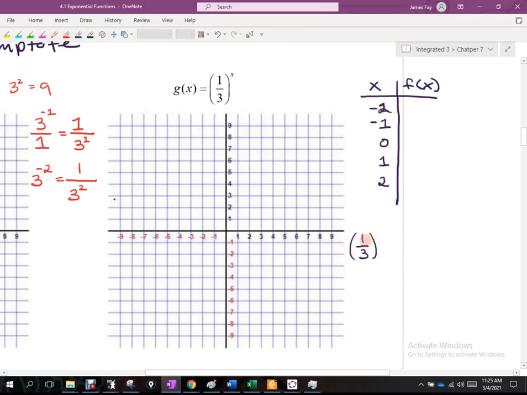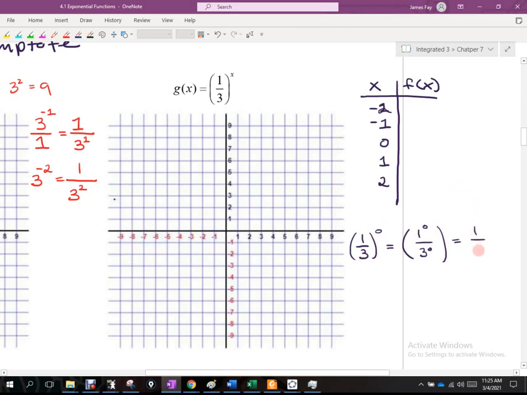If I go 1/3 and raise it to the 0 power, now this is a reason why we talked about exponents a couple weeks ago. Doesn't that mean I can take this 1 and raise it to the 0 power, and take that 3 and raise it to the 0 power? What's 1 raised to the 0? 1.